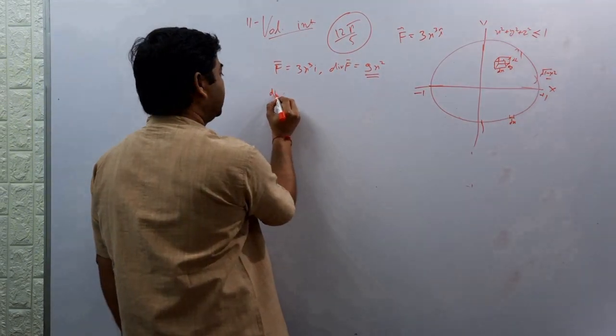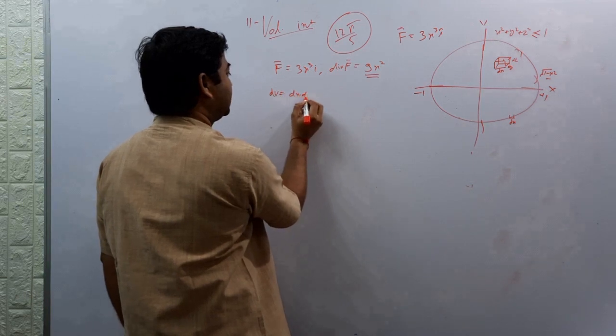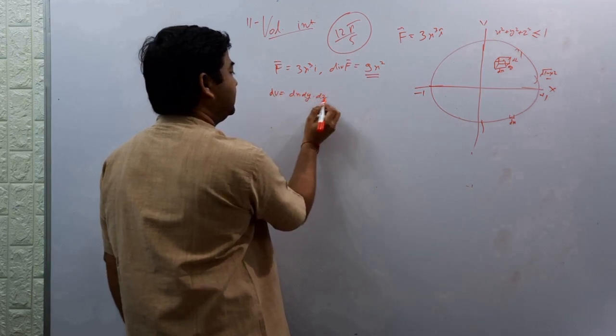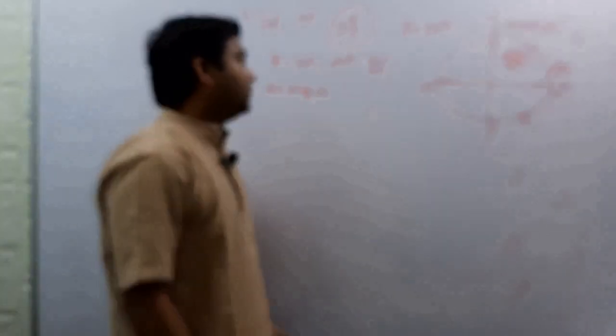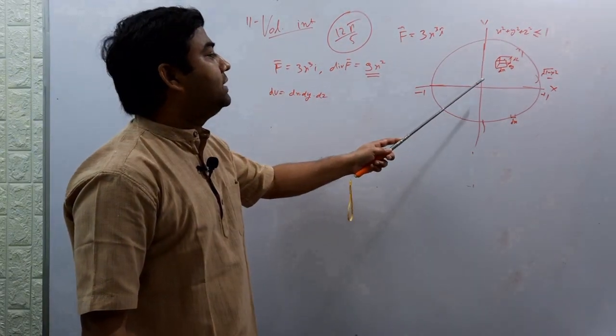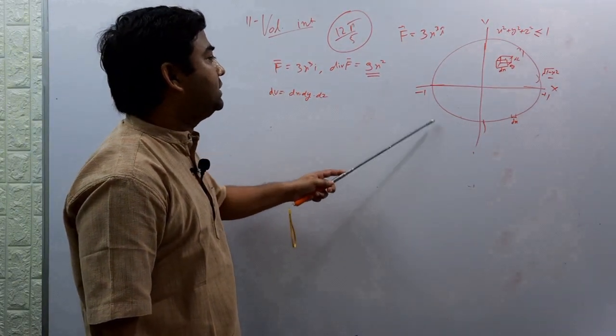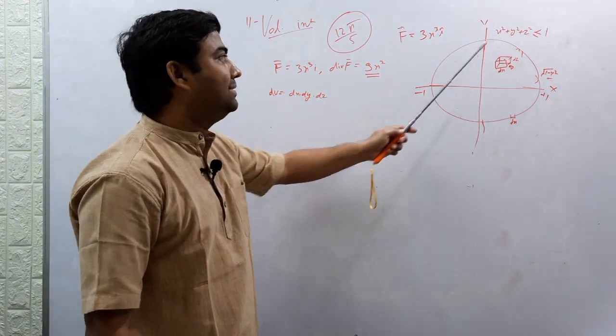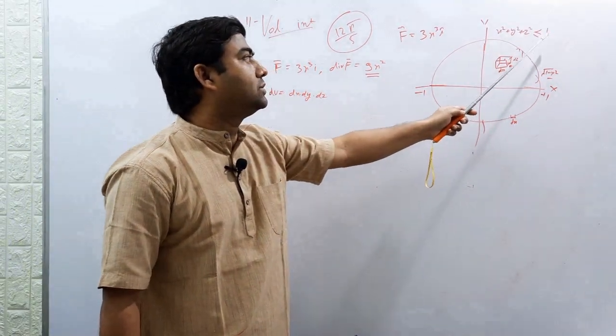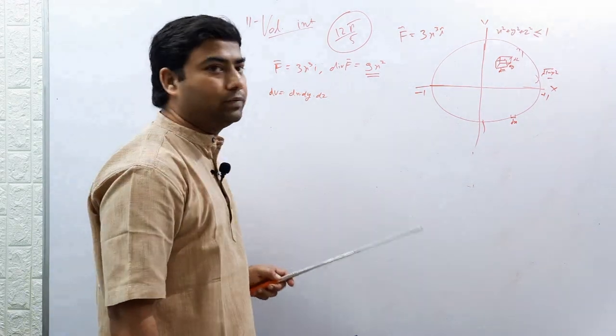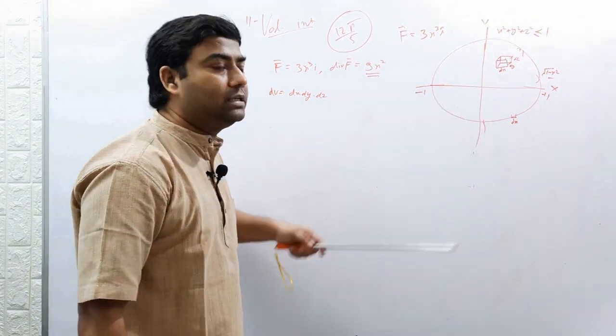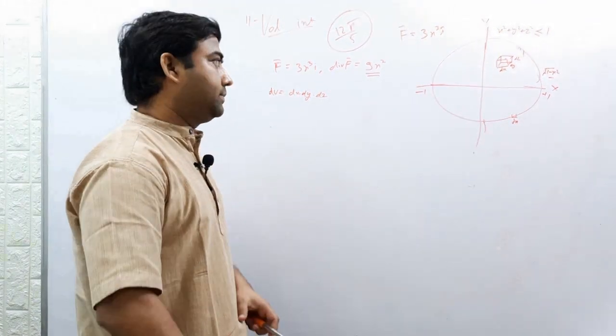So dV is dx dy dz. But you can see that when you find the limits of x, y, z, the limits will come under root 1 minus x square, under root 1 minus y square, under root 1 minus z square, and the integration process will be very complicated.